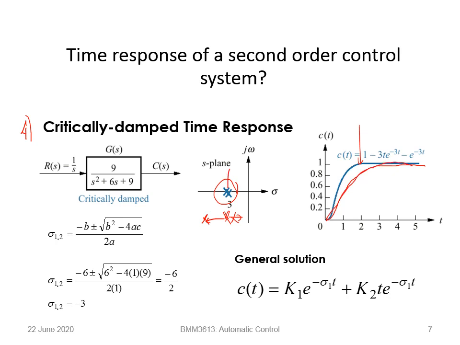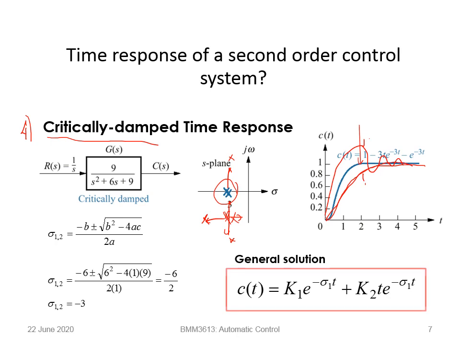But if you start to separate them in the j omega direction, you start to have the underdamped case. So this is basically the sweet spot between overdamped and underdamped. It's the critical point between overdamped before going into the underdamped. That's why we call it a critically damped system.